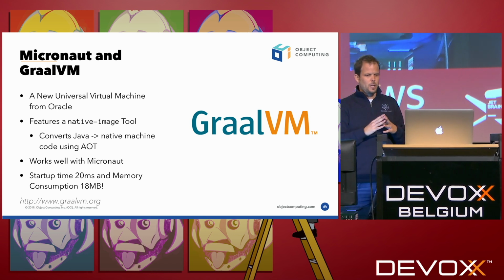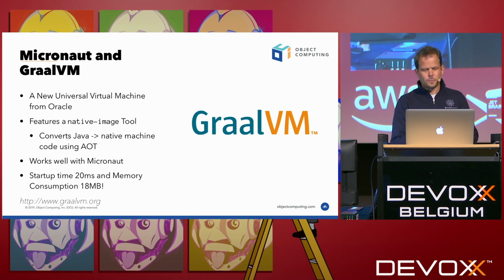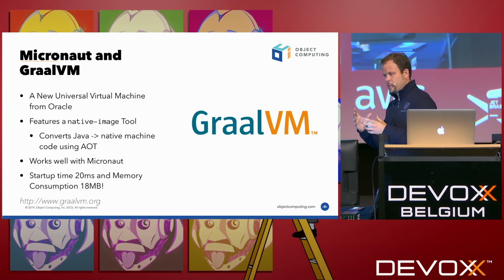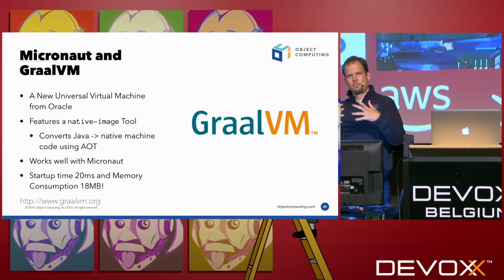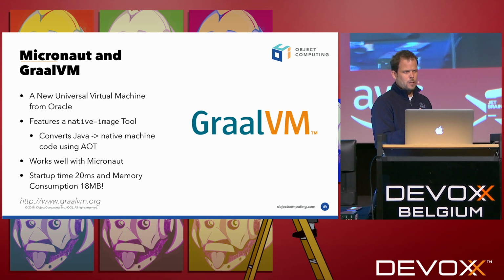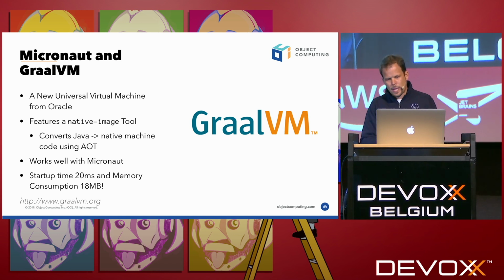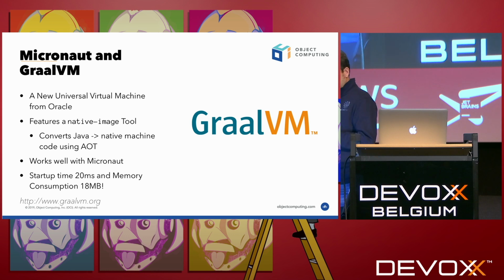Because GraalVM's native image tool does support reflection, and has really good support for it. But you have to declare all the reflective usage and any runtime proxy usage upfront. You declare it through a number of different JSON configuration files, and you have to tell it about all these usages of reflection.